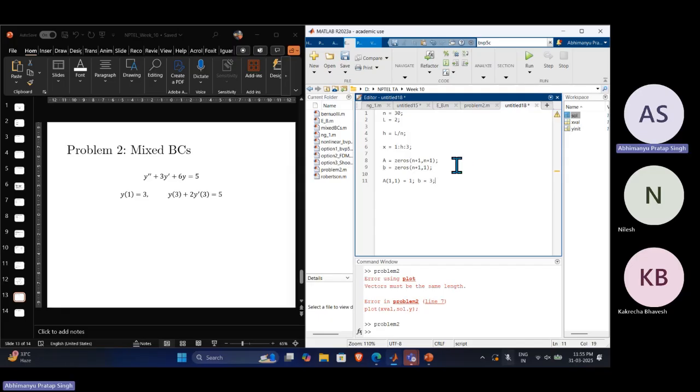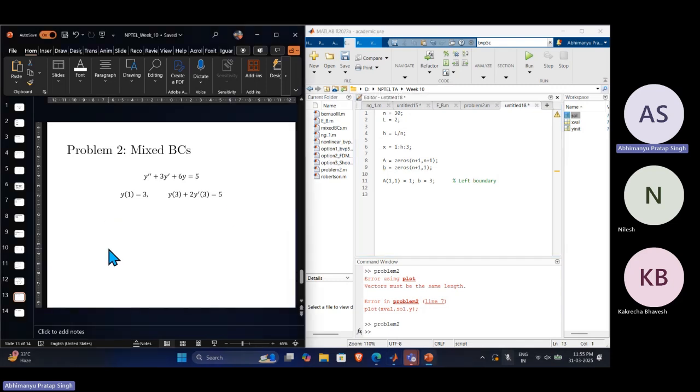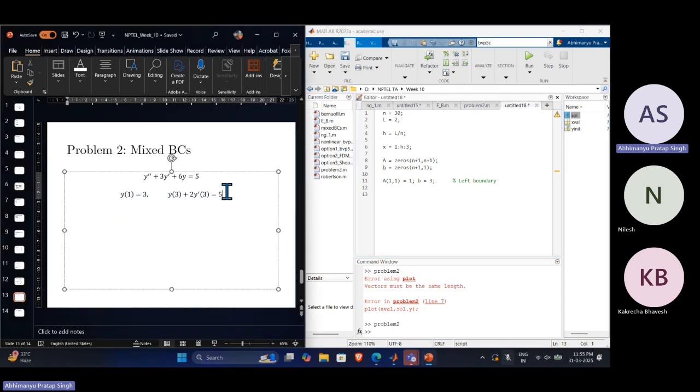Like this we will get y1 as 3 always. This is the left boundary. Let me try to write it over here.